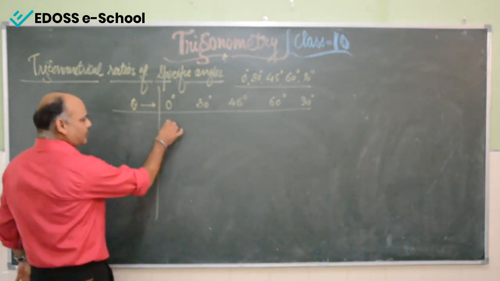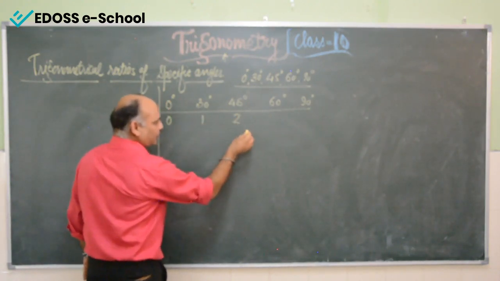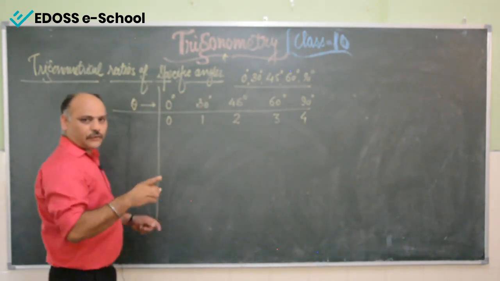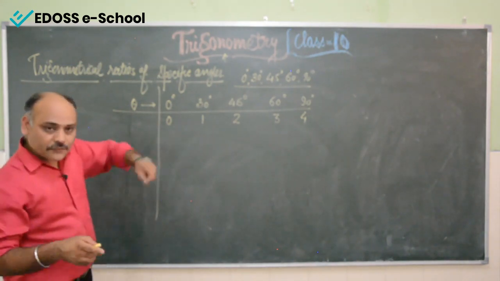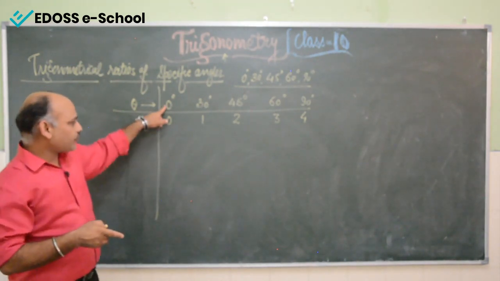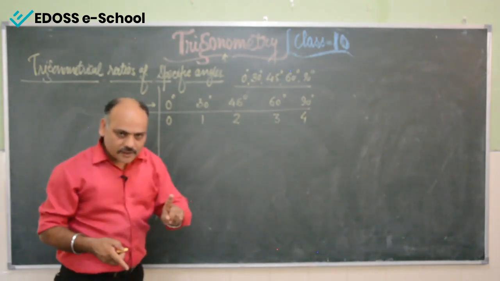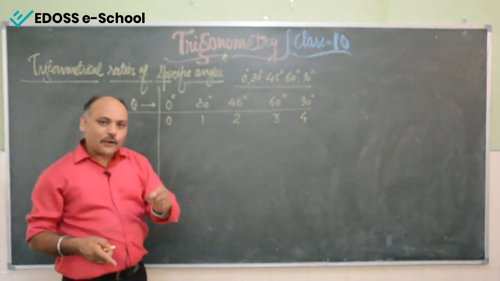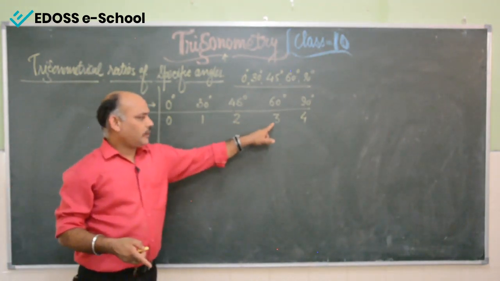First you have to write 0, then 1, then 2, then 3, then 4. This is the first step for finding the specific angles. Specific angles, again I am saying, are 0, 30, 45, 60, 90. The first step is to write the counting, starting from 0: 0, 1, 2, 3, 4.